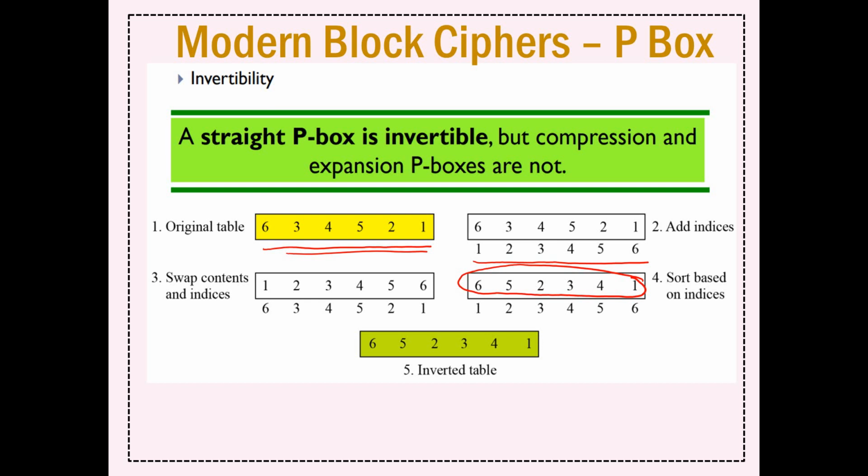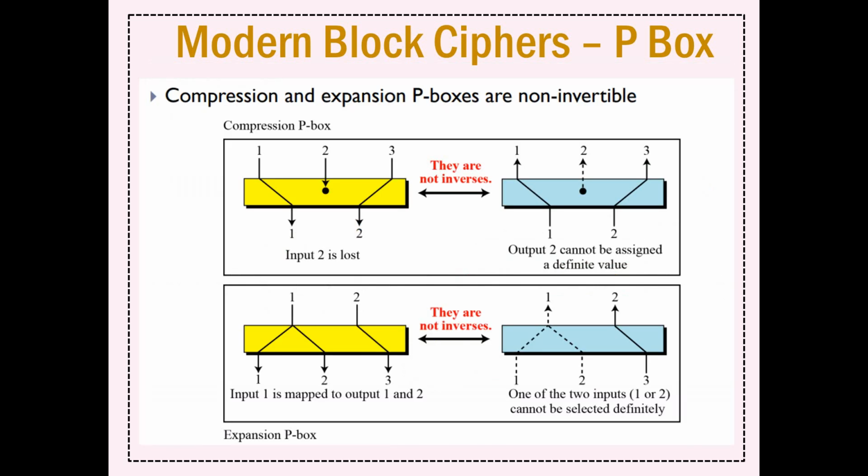Unlike the next two, which are given over here. Now see this example. Input 2 is lost here. When the input came in, let's suppose this is the transmitter and the second bit is blocked. So we got some output as 2. Now suppose at the receiver, I have sent this 2-bit output. Now we are expecting that this 2-bit will be mapped back to 3 bits.